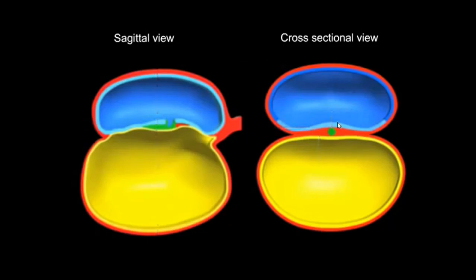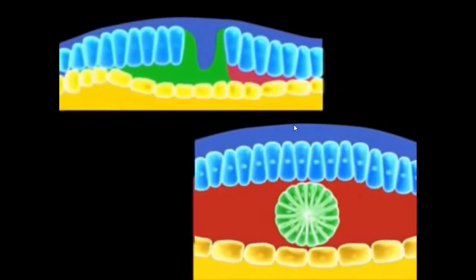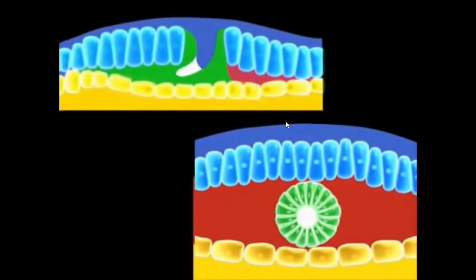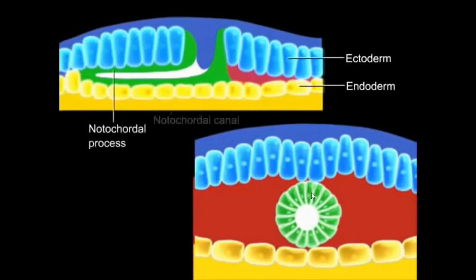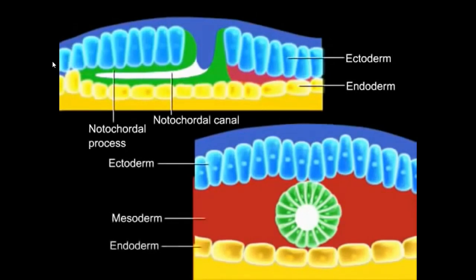In a cross-sectional view, the notochordal process is just in the beginning of its formation. Let's look closer. From the primitive pit, again, epiblastic cells of the primitive pit start growing towards the oropharyngeal membrane, which is present on the opposite side, and along with the spreading of mesoderm, the notochord, like a fine tube, follows the growth.